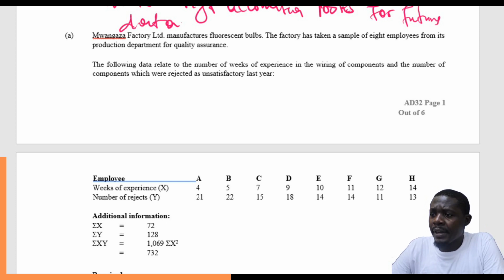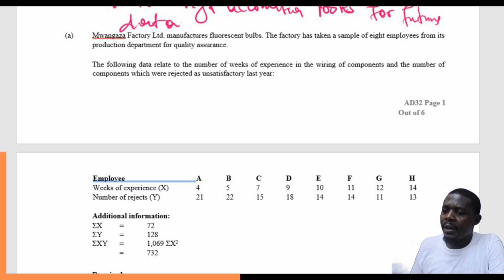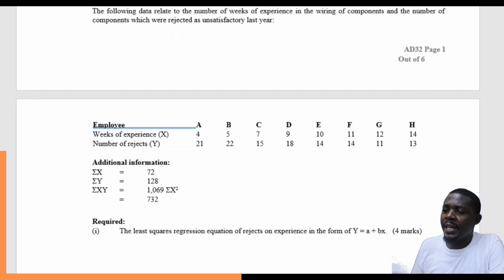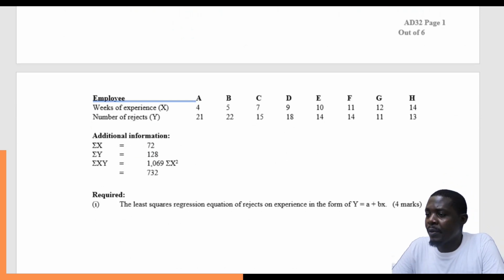The following data relate to the number of weeks of experience in wiring of components, X, for employees A, B, C, D up to H, and the number of components rejected as unsatisfactory last year, Y.